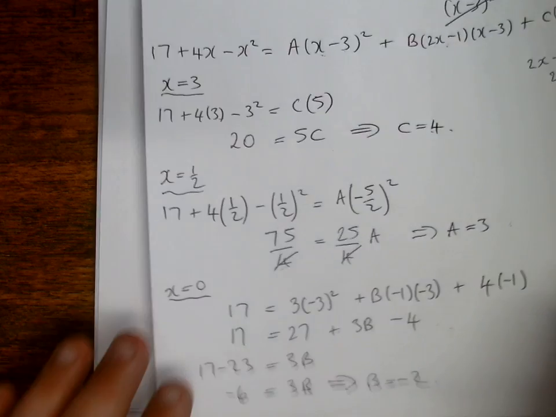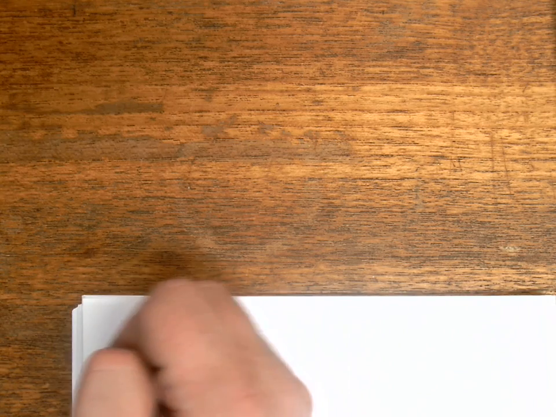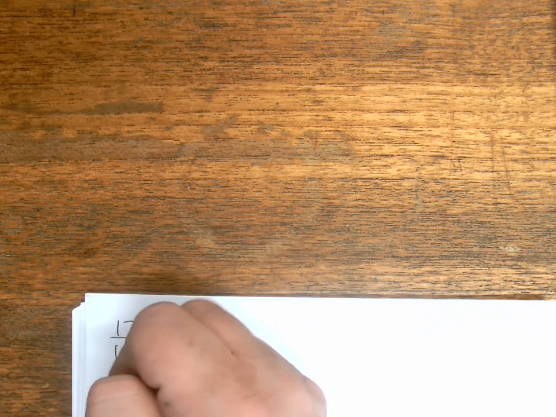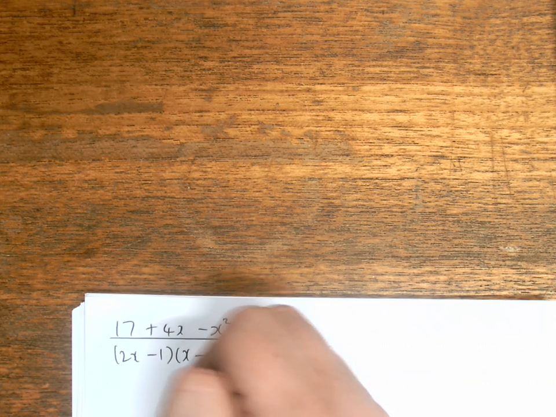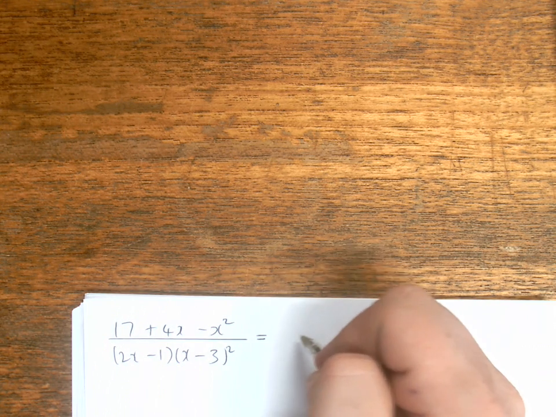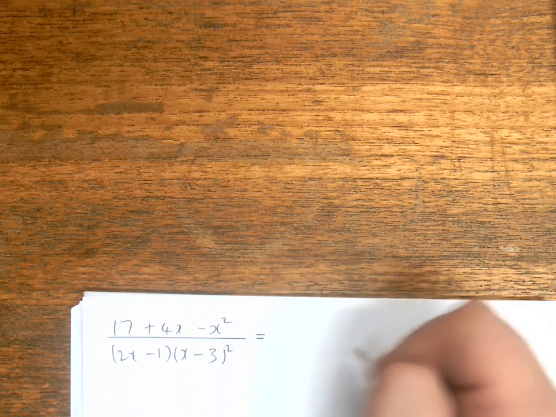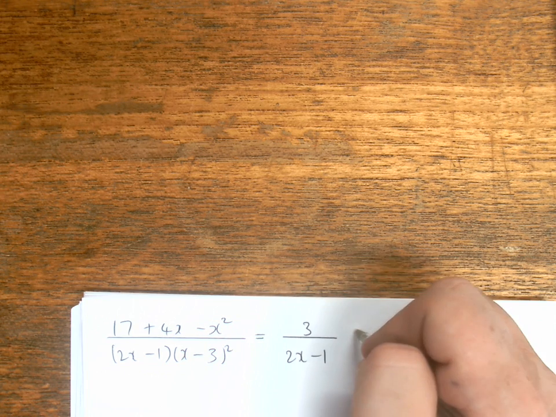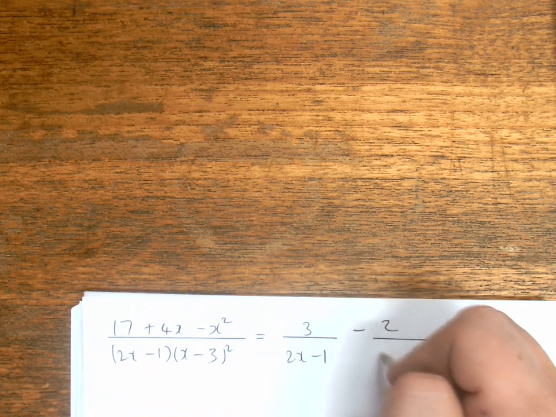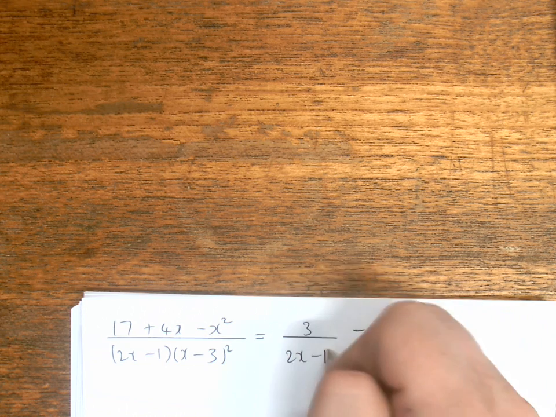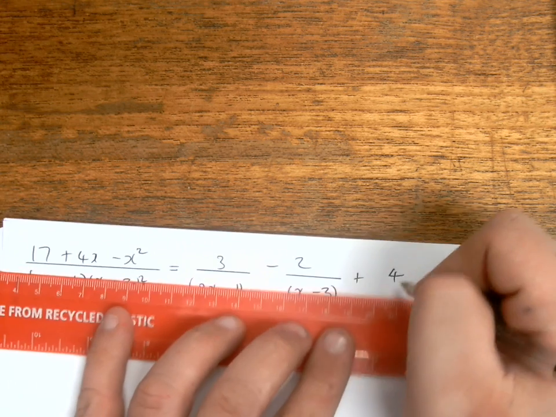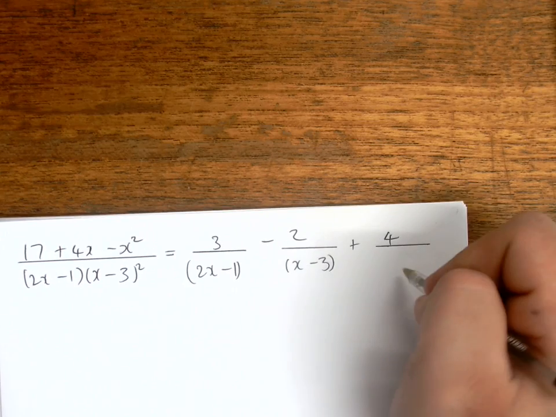Okay, so we can then formalize that then, 17 plus 4x minus x squared all over then 2x minus 1 x minus 3 all squared will equal my a, which was 3 over 2x minus 1, my b, which is minus 2 over x minus 3, and then my c, which was 4 over x minus 3 all squared.